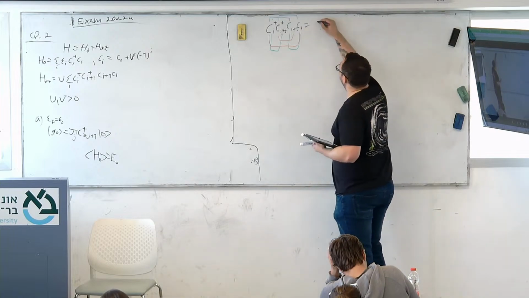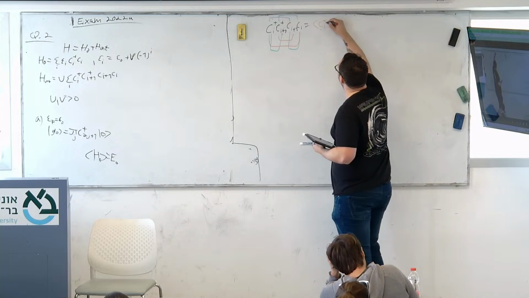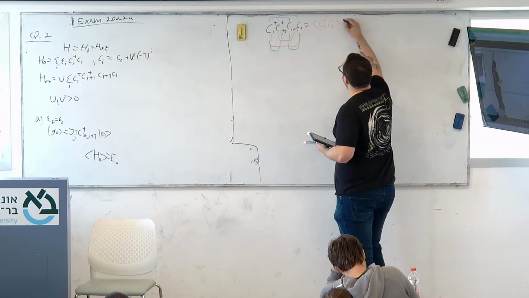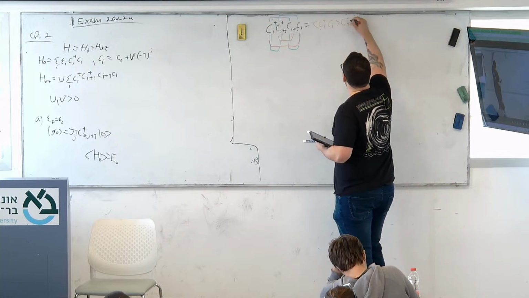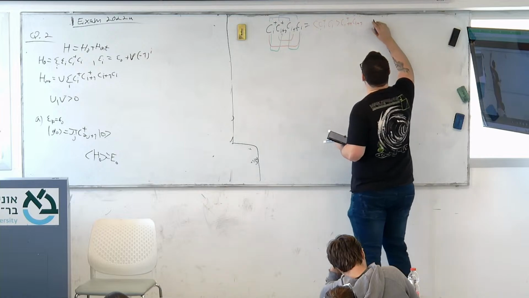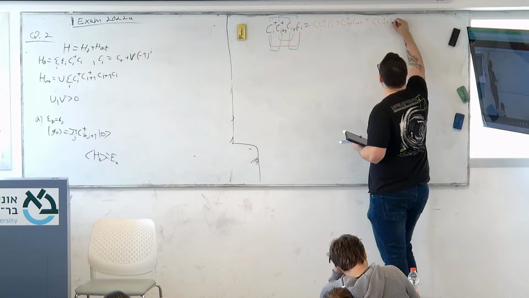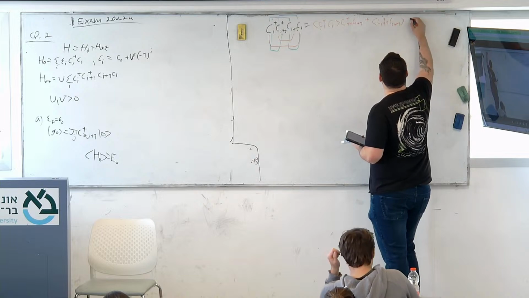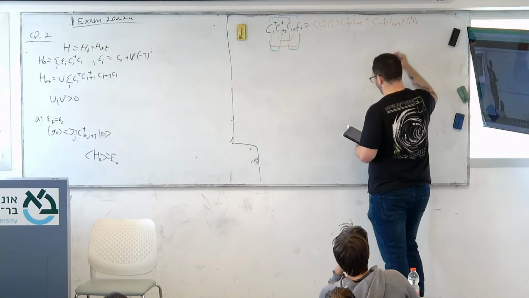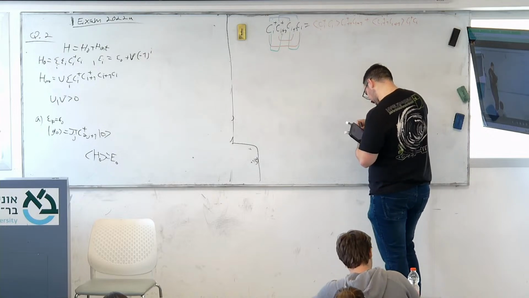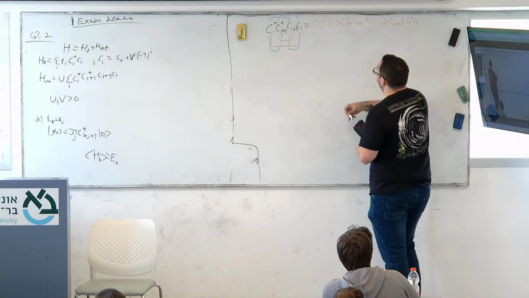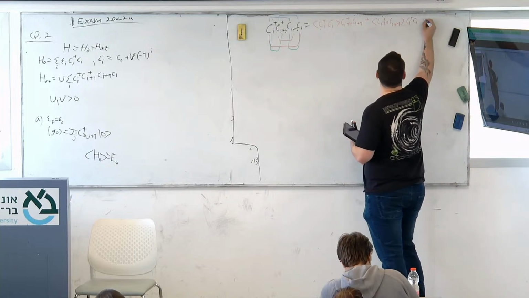Alright, so there are 2 terms, Ci dagger, Ci plus 1 dagger, Ci plus 1, Ci, plus Ci plus 1 dagger, Ci plus 1, Ci dagger, Ci. Okay, minus.